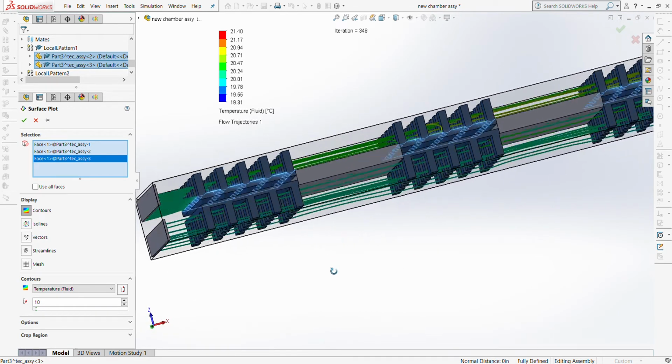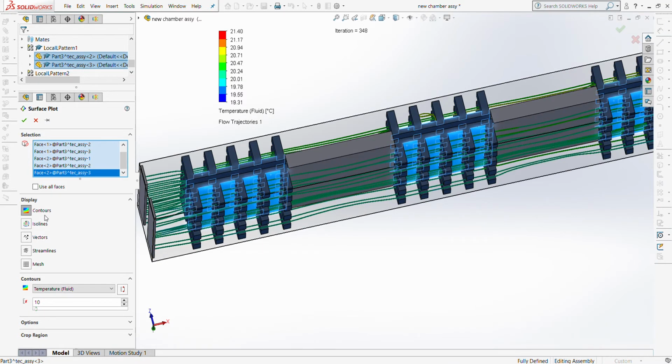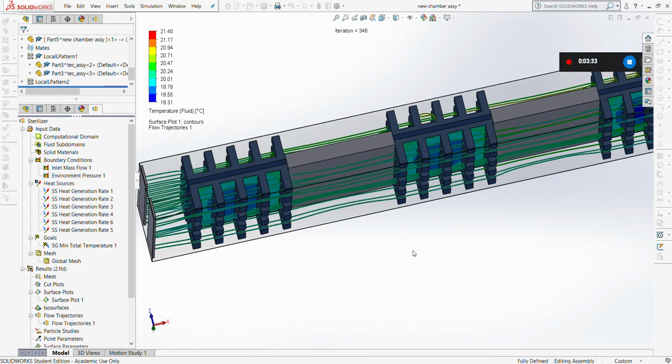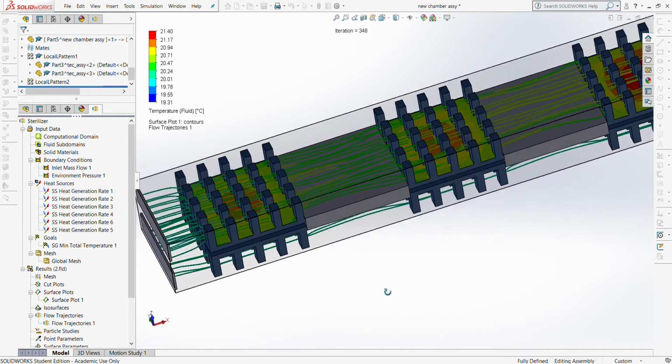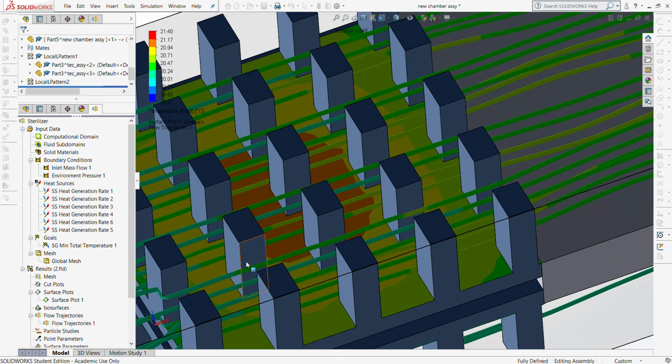It's kind of hard to see here, but I'm going to select the bottoms of the other heat sinks, and I want to see contour plots, and I hit OK. It's a little bit hard to see, but it's linked. So the temperature of the fluid is these streamlines, and this is the temperature of the sink.